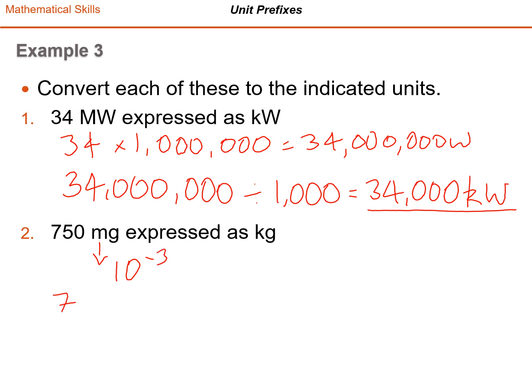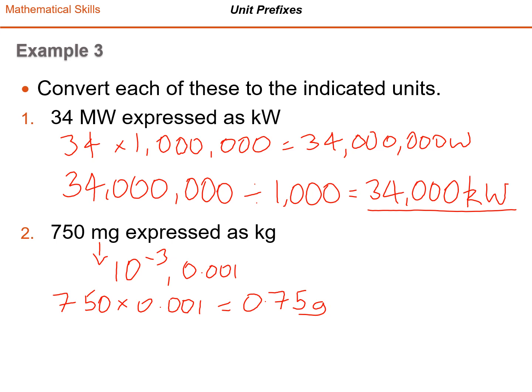So we do 750 times, I could say 10 to the minus 3 or 0.001, and that equals 0.75 grams. Always important to make sure you put a unit at the end so you can remember what actually is the suffix, if anything, that belongs to that number.